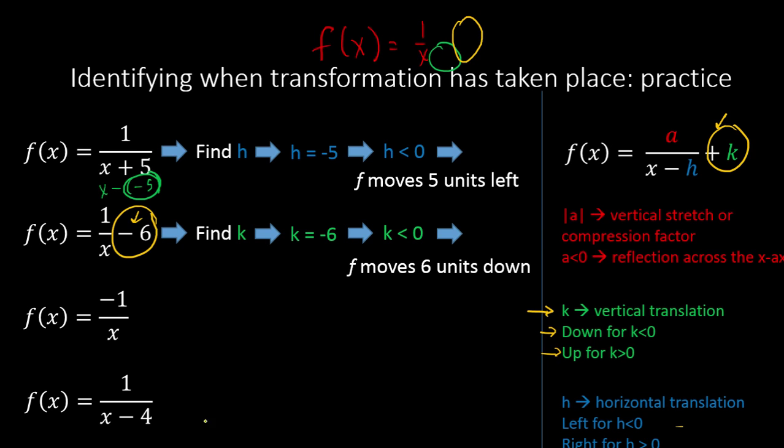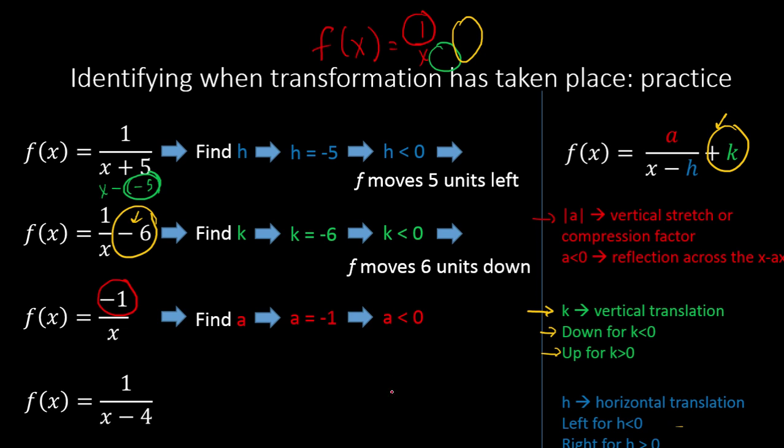Let's keep going. So in this case, I have negative 1 over x. So what's the difference here? Well, I'm multiplying by a negative 1 instead of a positive 1. So I've multiplied the numerator by something. I need to identify a. A is equal to negative 1. Now I'm looking at my key here.